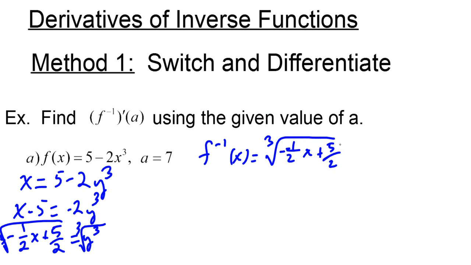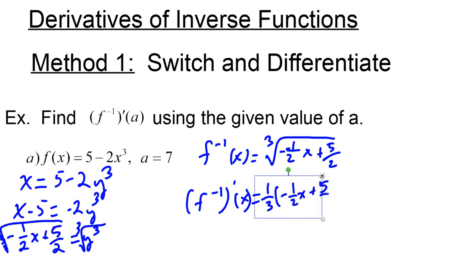Okay? So to find the derivative of f inverse, and this is how I'm going to write it, well, again, I'm going to take the derivative of this cube root function. And again, I know I got a little bit of chain rule here, so that looks like 1/3 times the inside raised to the -2/3 power times the derivative of the inside, which would just be -1/2.